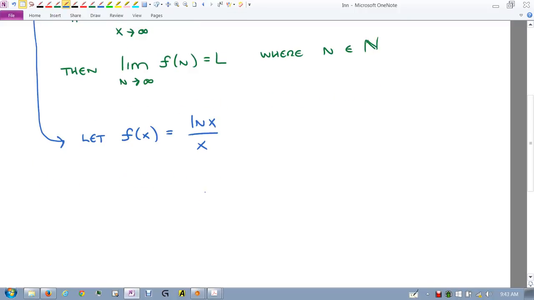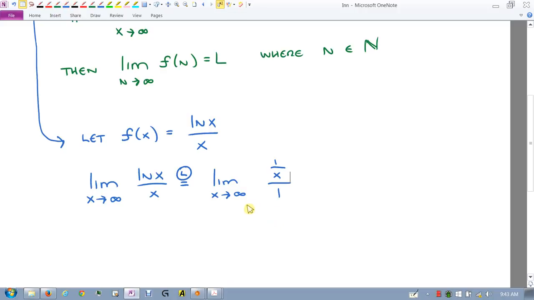If I take the limit as x goes to infinity of natural log x over x, and use L'Hopital's rule, because it was infinity over infinity, I get the limit as x goes to infinity of the derivative of the top, 1 over x, over the derivative of the bottom, 1.